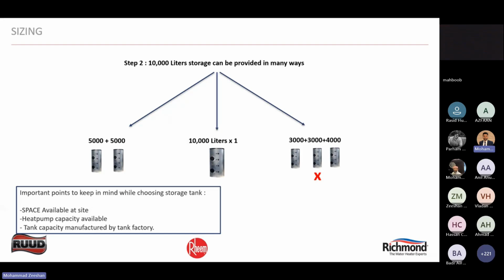Now the challenge is that manufacturers like us, we cannot manufacture it exactly to that capacity, because we have standard manufacturing production lines. So this is why you need to round it off to the tank capacities that is available in the market and that is being produced by the manufacturers. So this is why it's important to go through the tanks catalog and also see what are the capacities available before doing the selection on the tanks itself.